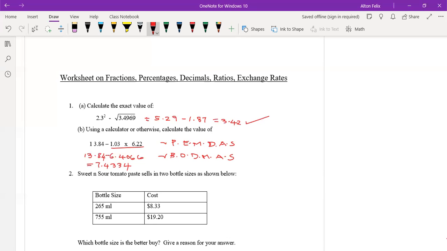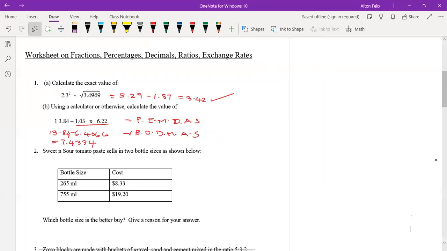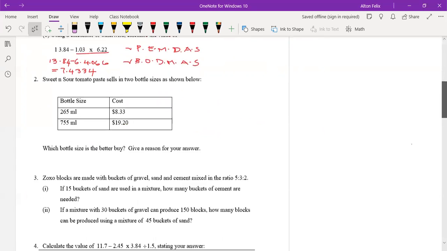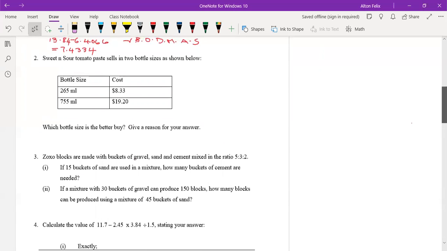So as we go to our next question, number 2. You have two different sizes of an item, sweet and sour tomato paste, and they give us the corresponding prices. Okay, which bottle size is better in terms of the price?